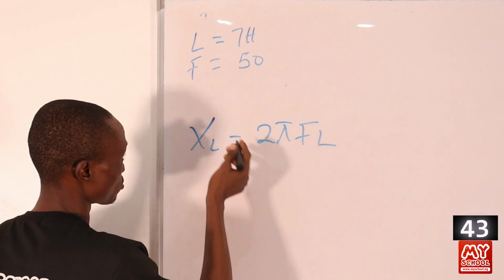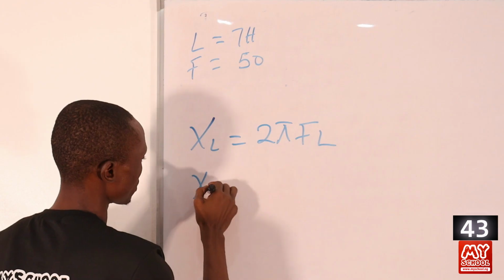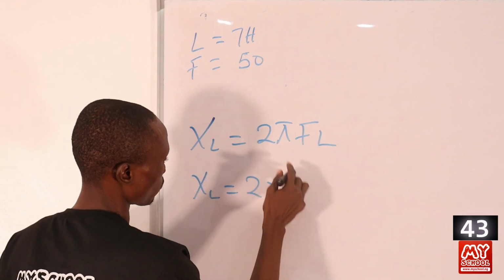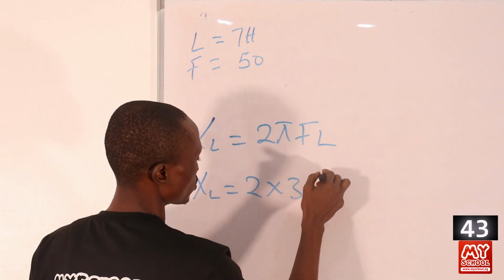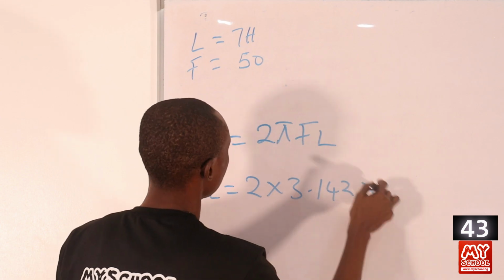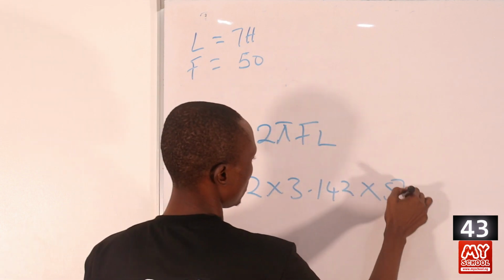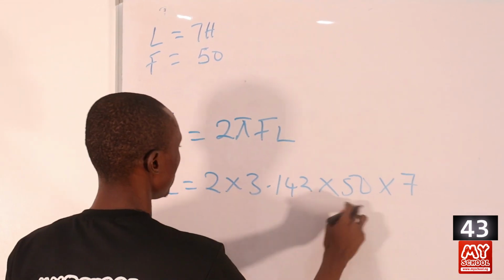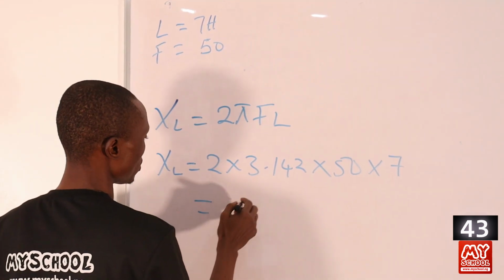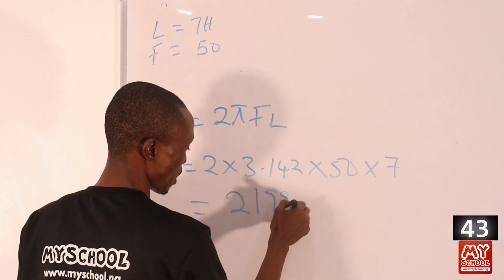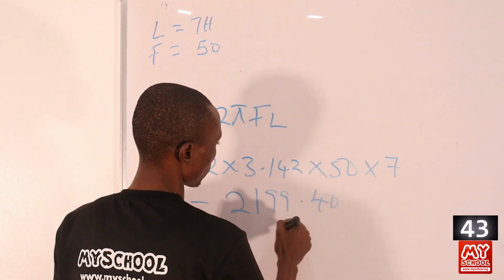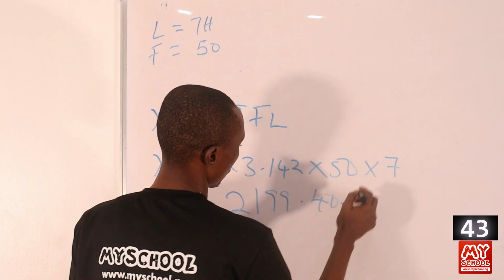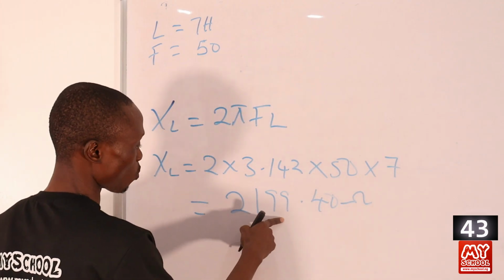Let's substitute the values given to us. XL is equal to 2 times pi, which is 3.142, times frequency, which is 50, times 7. If we multiply these four numbers together, we'll have 2199.4 ohms. To the nearest whole number, we'll have 2200 ohms.